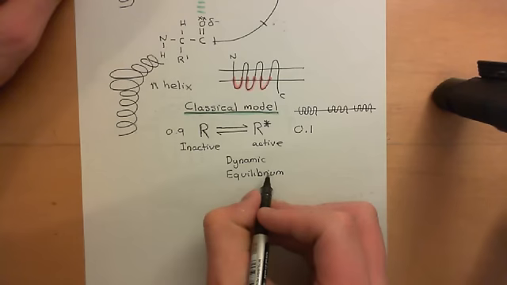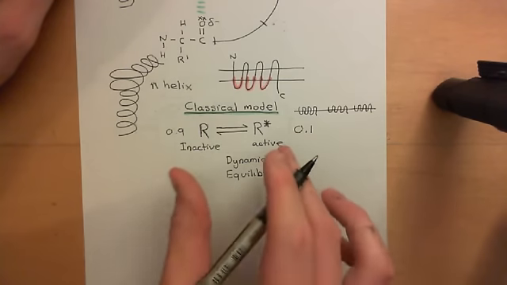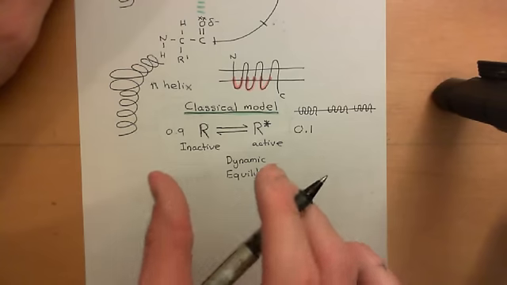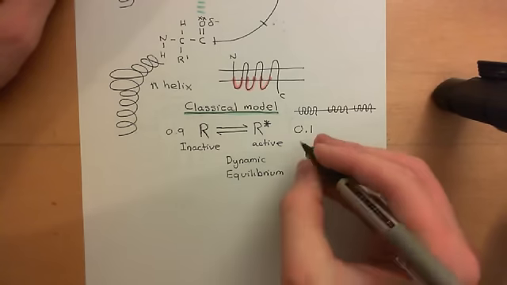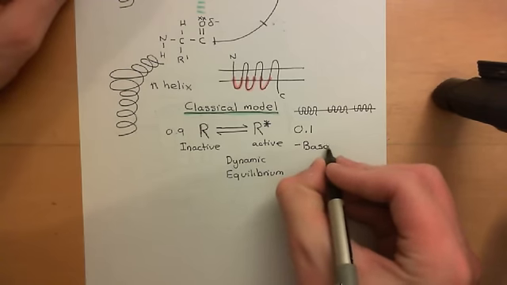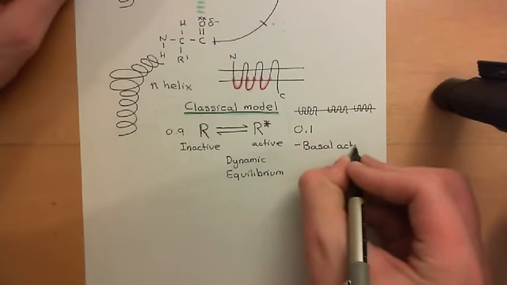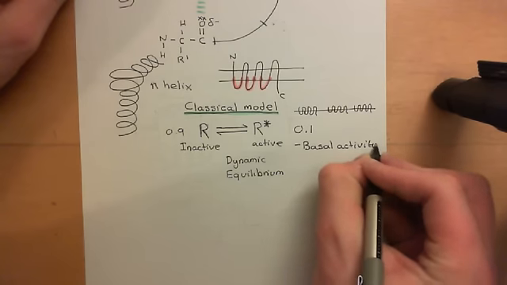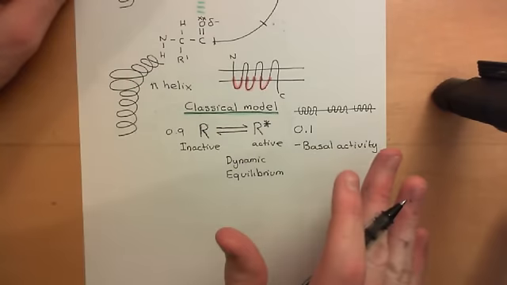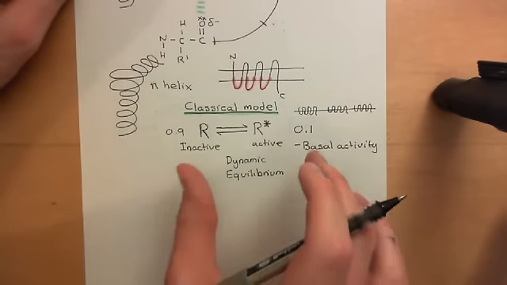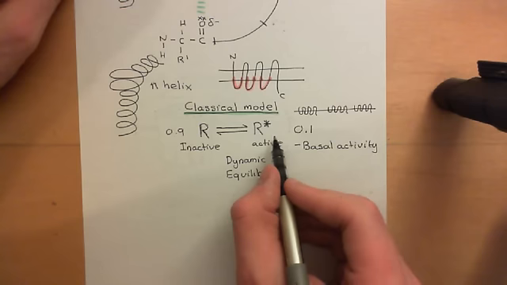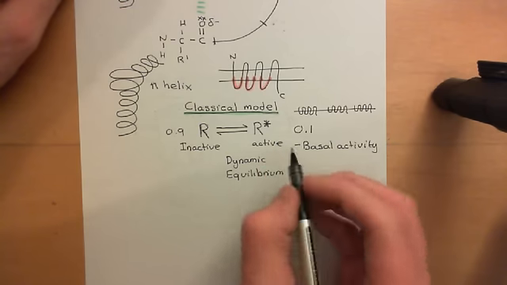Okay, the main point I want to get across with the classical model is the concept that there is a basal activity in many G protein coupled receptors, i.e. some of them can go into the active state even before any ligand is bound, and at any one time a certain fraction of them will be in the active state and capable of binding G proteins.